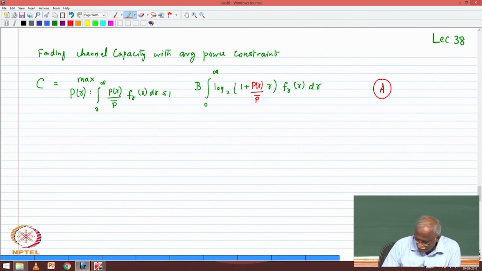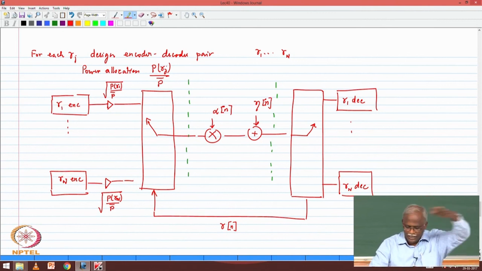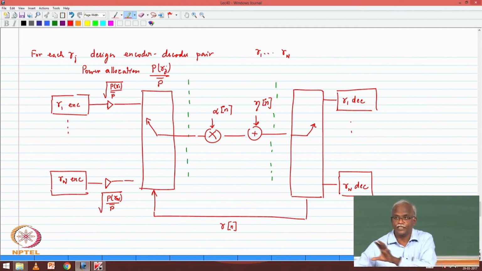Okay? So the way to visualize, once you have obtained the optimum power allocation, what will we do? We will design the different encoders. We will take the channel conditions and quantize them into different SNRs. For each encoder decoder pair, the minute I know that the current channel condition has got gamma j, then I pick the corresponding branch, apply the power allocation, and then feed the information into the channel.